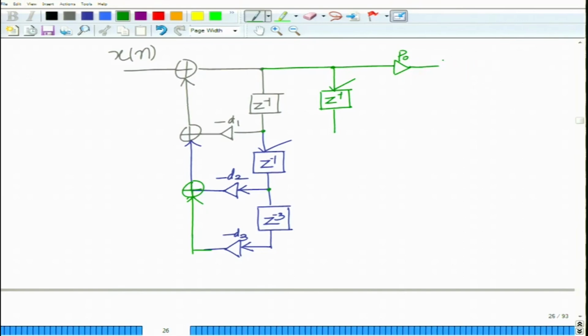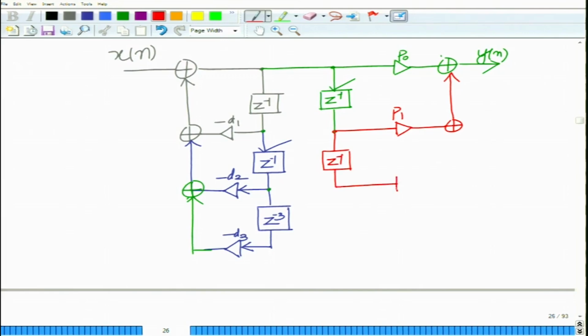So P naught, okay, and this will be P1, and further you have your second delay z inverse multiplied by gain P2, and you have another adder, and then you have another element z inverse.